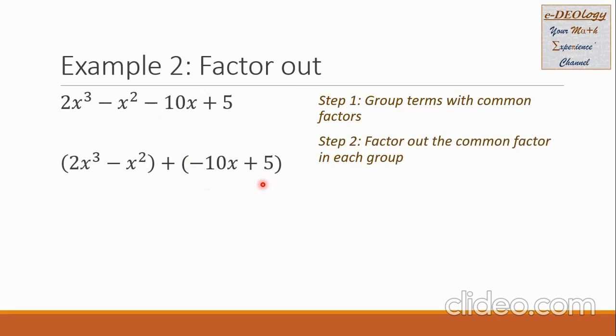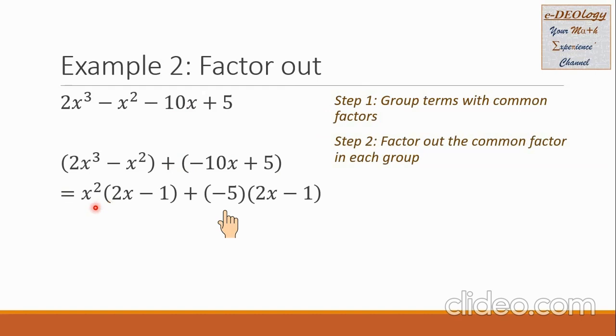In step 2, factor out the common factor in each group. The common factor is the x squared. So I'm going to pull out the x squared. So what remains will be 2x minus 1.